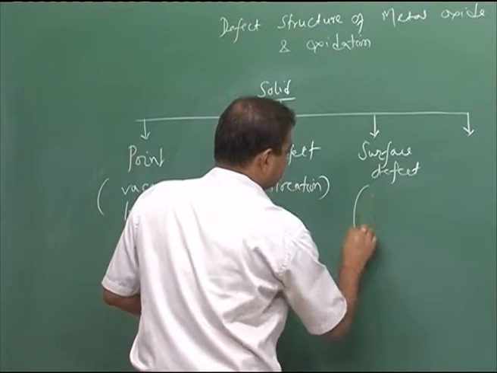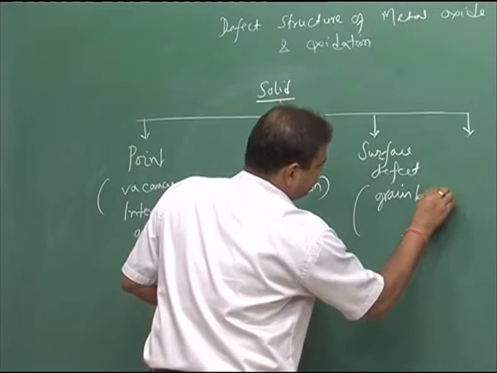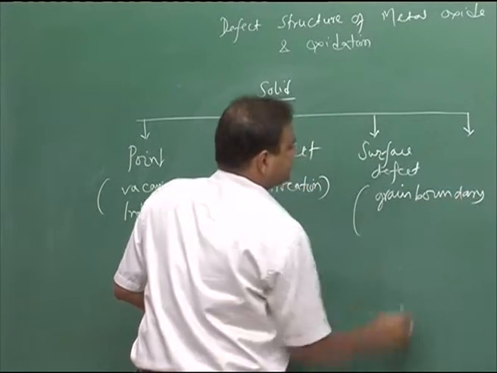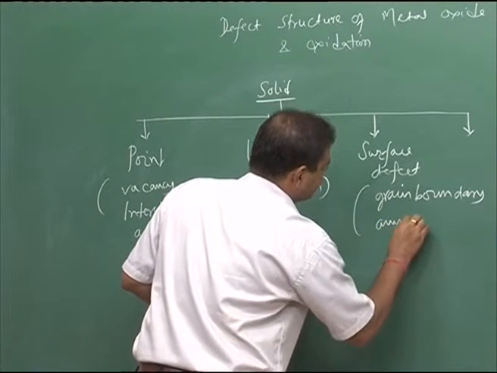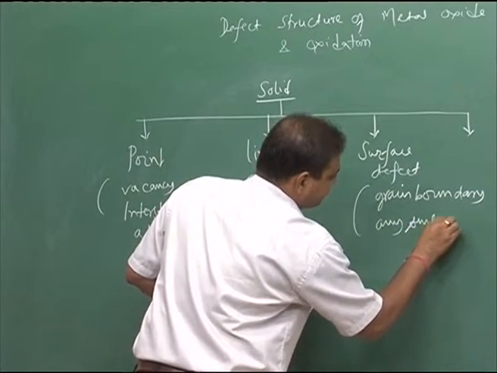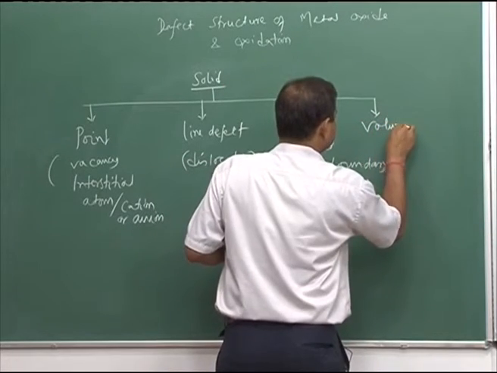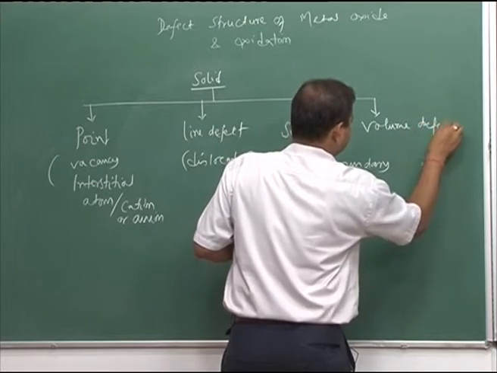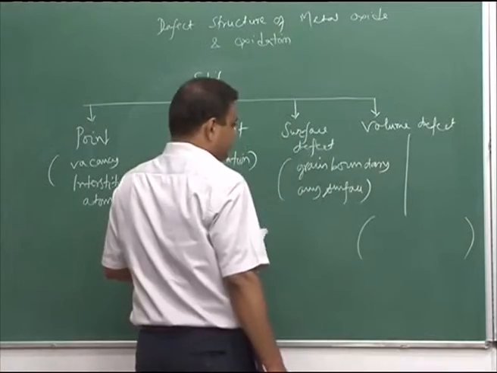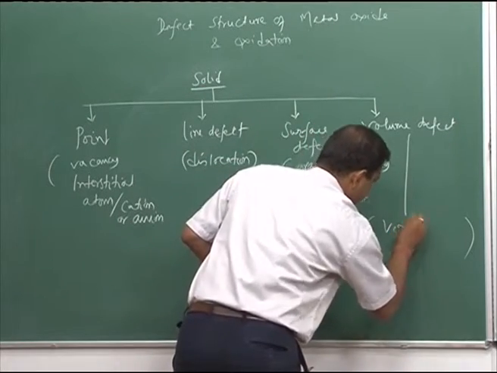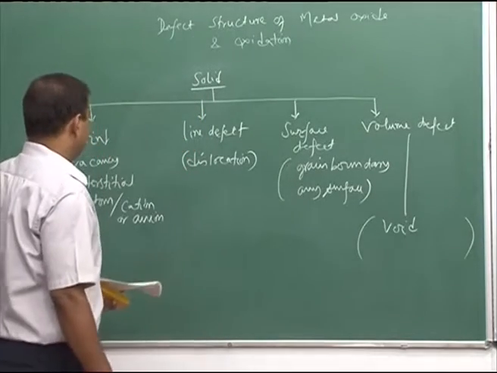Examples of surface defect are grain boundary or any surface, and of course, there could be a volume defect. An example of volume defect could be void. So, we have 4 kinds of defects in solid.